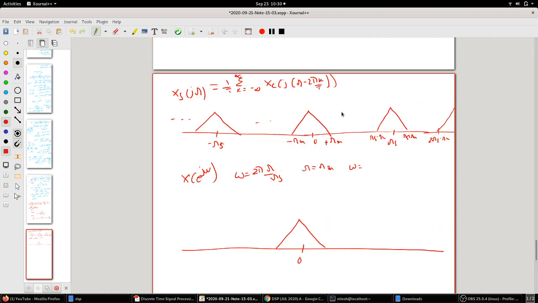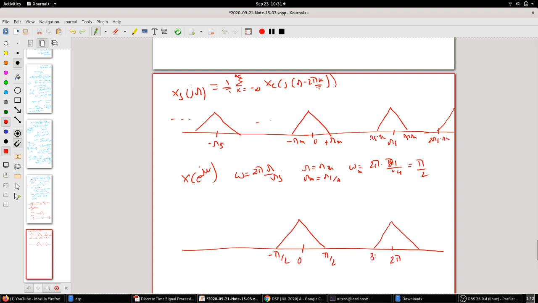Here omega m is given as omega s by 4, so omega will become 2 pi into 1 by 4, which will be pi by 2, and so omega m will be pi by 2. So pi by 2 to minus pi by 2, and this will repeat every 2 pi.